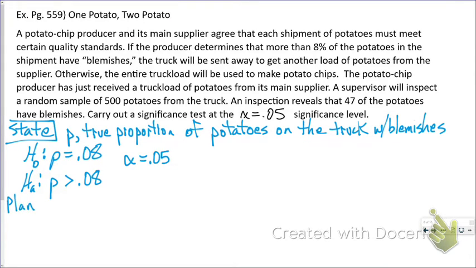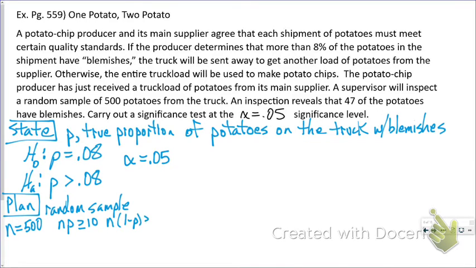So now on the plan step, we look through the paragraph and we see that a random sample was taken. n was 500. So we're going to go np greater than or equal to 10 and n(1 minus p). Now this is confusing because we do see a p hat.